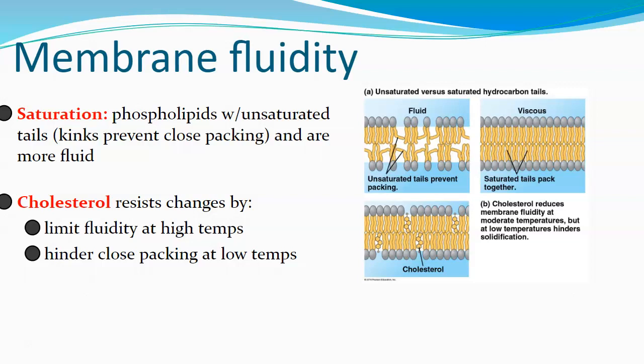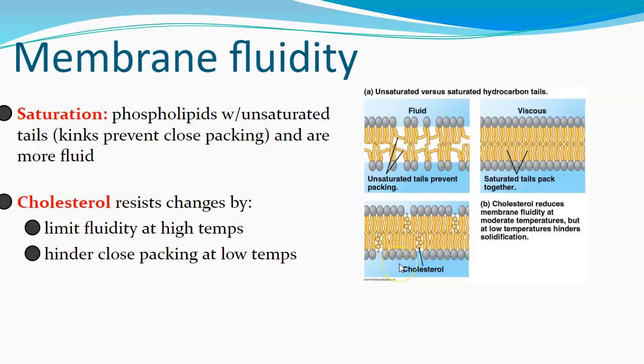That happens here. The unsaturated nature of these phospholipid tails prevents super close packing, so that gives it an increased fluidity. If it does become more saturated, then it's going to become thicker and stronger, and goes more towards solidification.